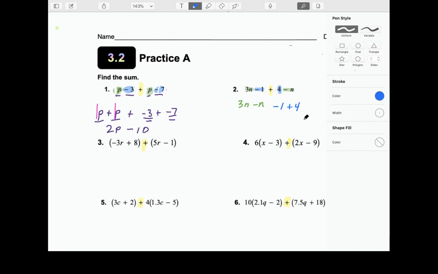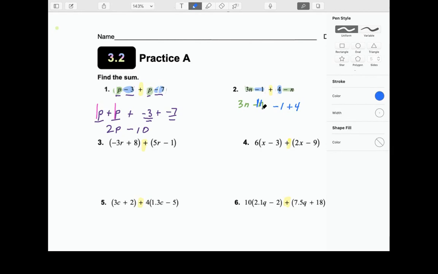Those are the like terms. Now we have the invisible 1 there.